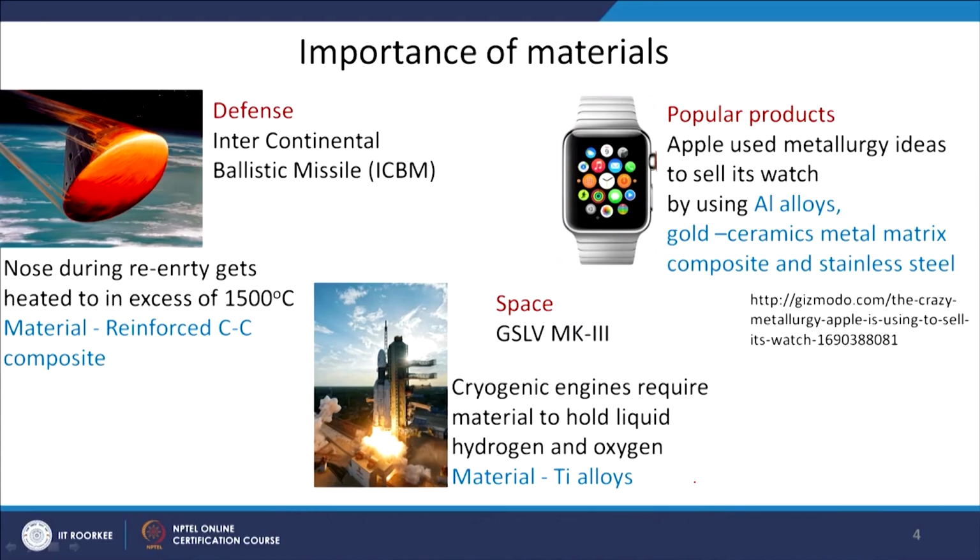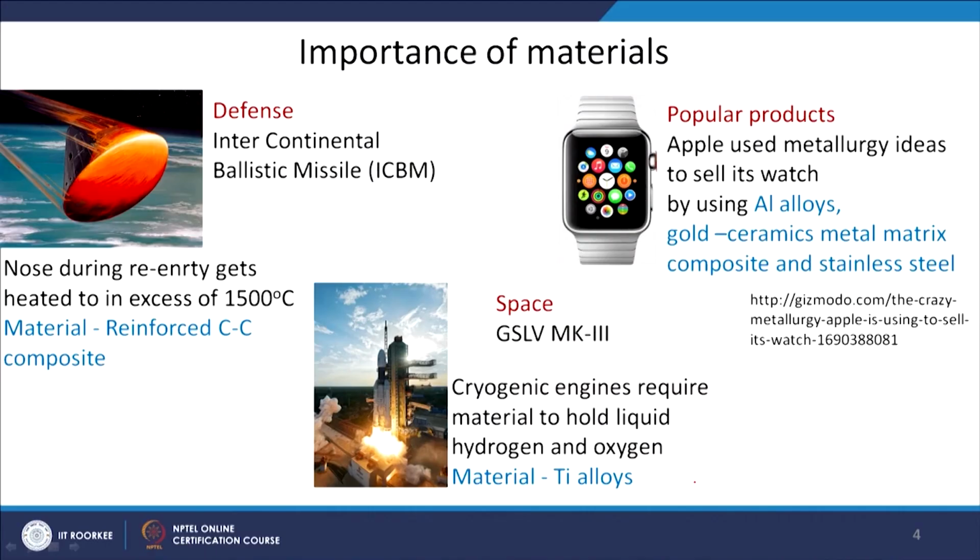Okay, they were talking about high strength aluminum alloys, they were talking about metal matrix composite of gold and ceramic, because they wanted to have a lot of gold coating on the surface and they wanted it to have a very good hardness. Okay, gold is very soft and it has a very low strength.